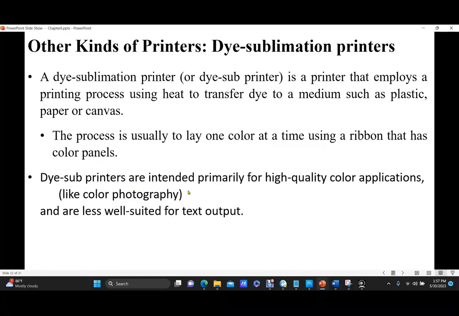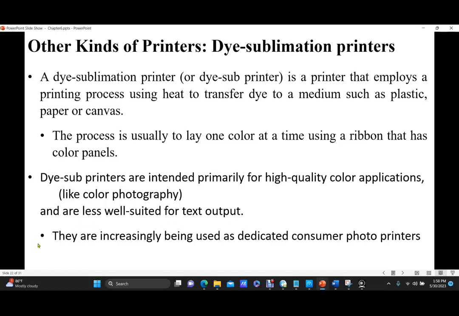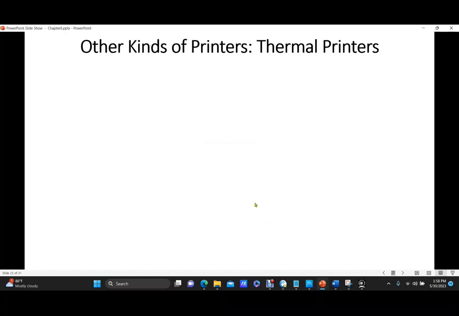Dye sub printers are intended primarily for high quality color application, like color lithography. They're less well suited for text output; they would be very slow and expensive printing purely text. They're increasingly being used as dedicated consumer photo printers.